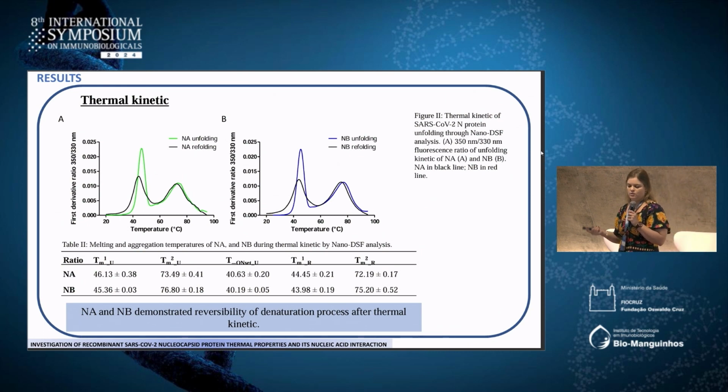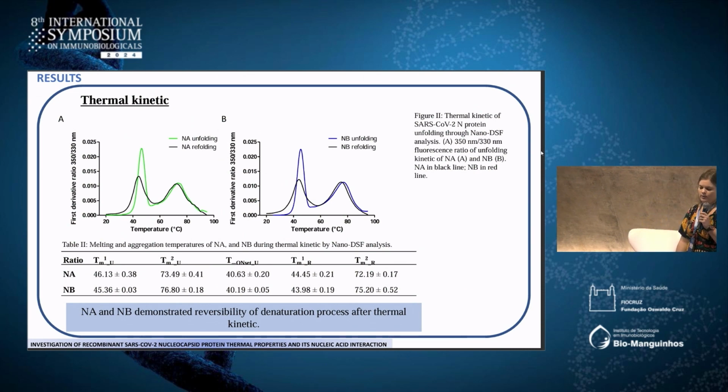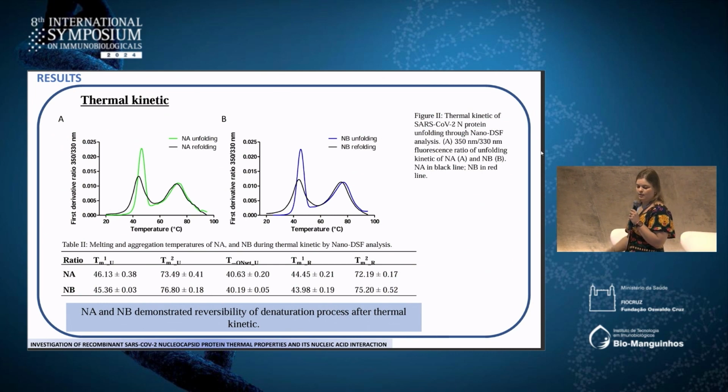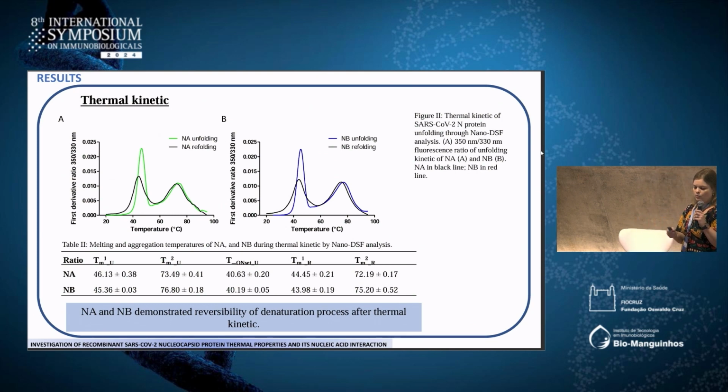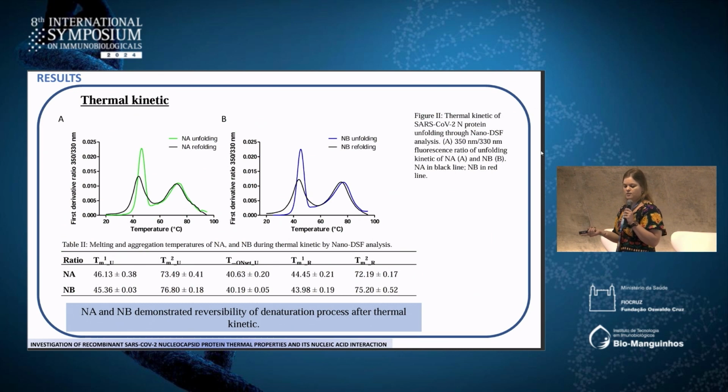The melting temperature was obtained through the graphs of the 330 and 350 ratio, and NA and NB proteins demonstrated reversibility of the denaturation process after thermokinetics.